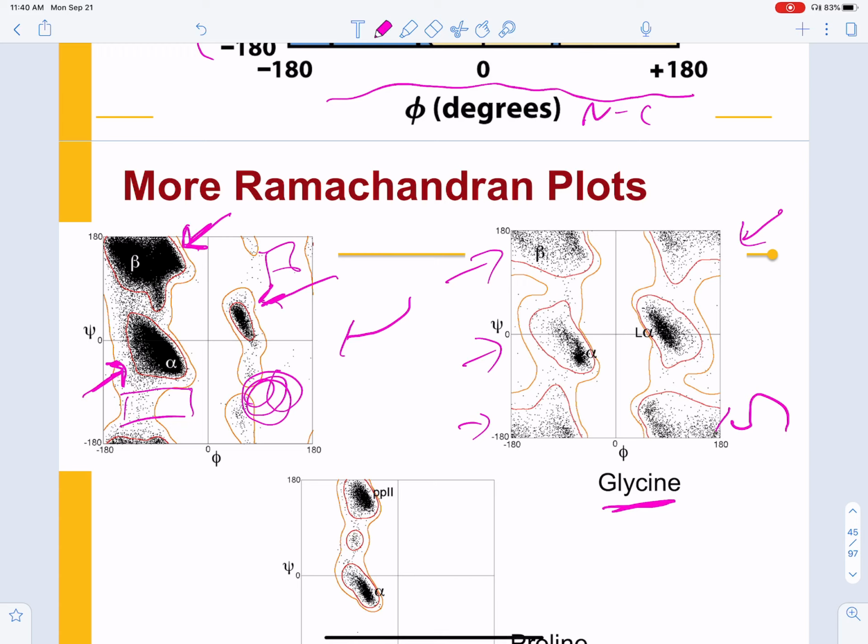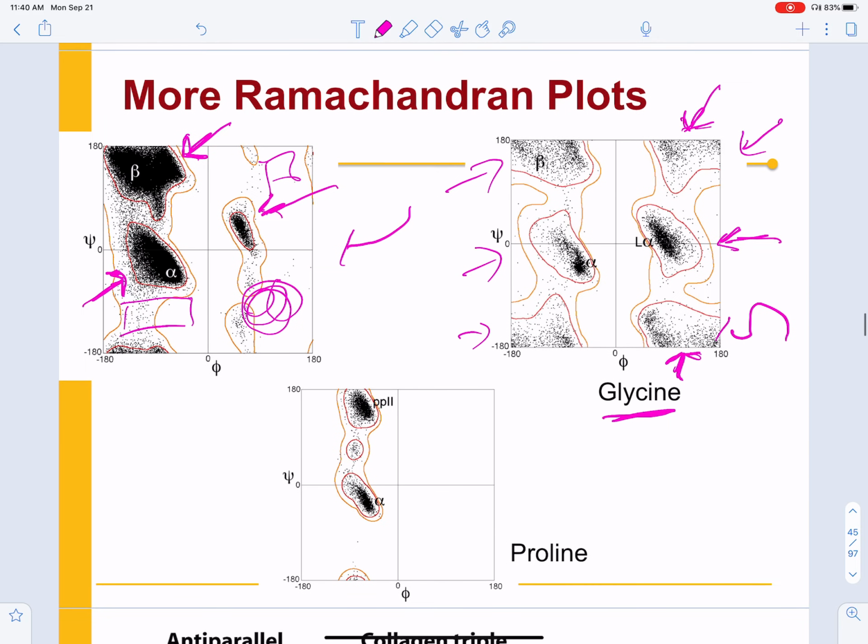You see more representation up here, much more down here, and then more over here in this area. On the flip side, something like proline, you actually see fewer degrees of flexibility, right? And so for proline, you see some here, and you see some here, but it's completely absent all the way over here, right?